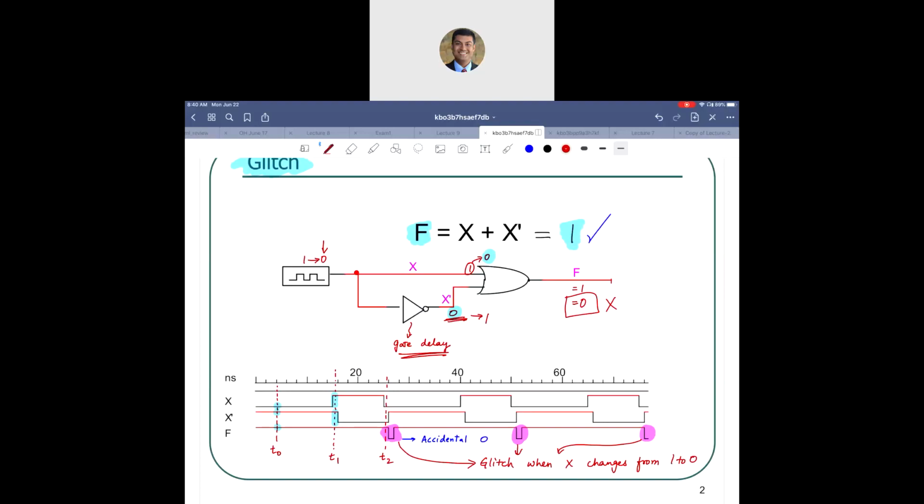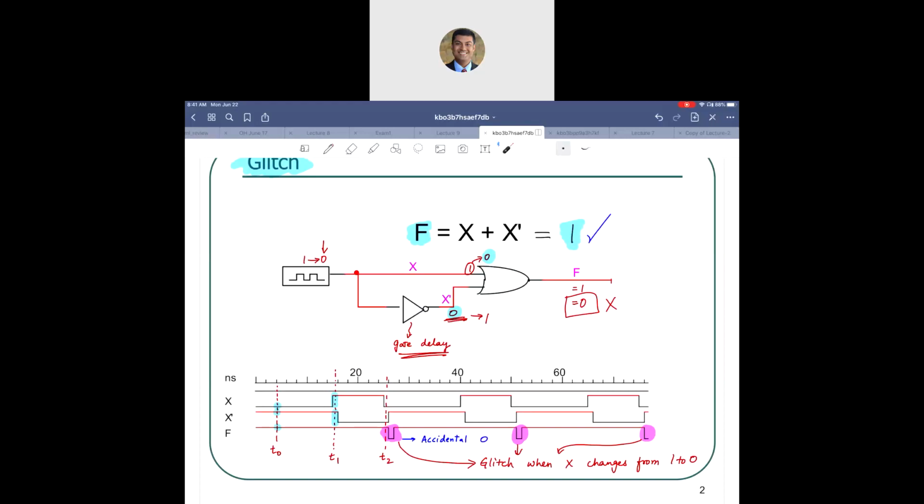When the input goes from 0 to 1, there is no glitch, because when it is going to go from 0 to 1, the other input x complement is maintaining the output at 1, so it is taking care of it. So it is the nature of this OR gate that is allowing us to preserve the output.